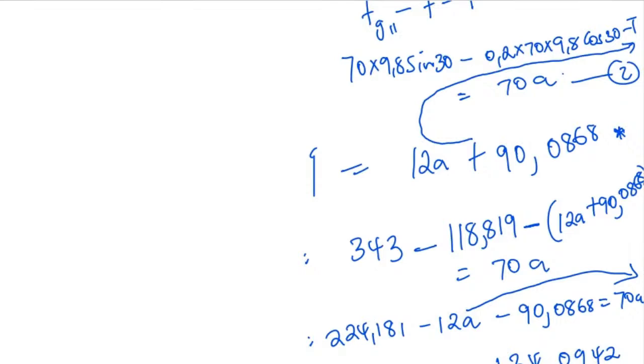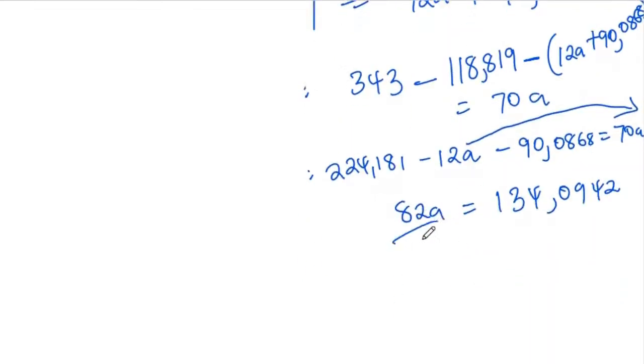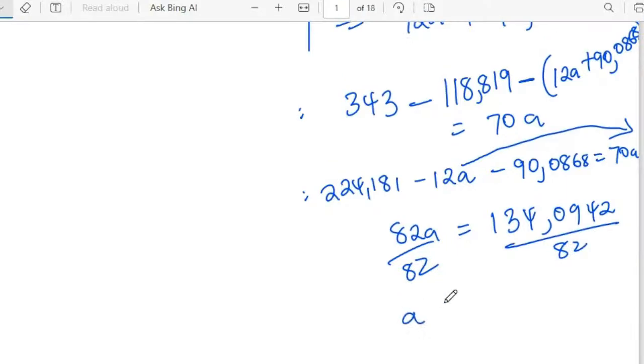Then I'll divide both sides by 82. Then I'm getting 1.635, which is approximately 1.64 meters per second squared.